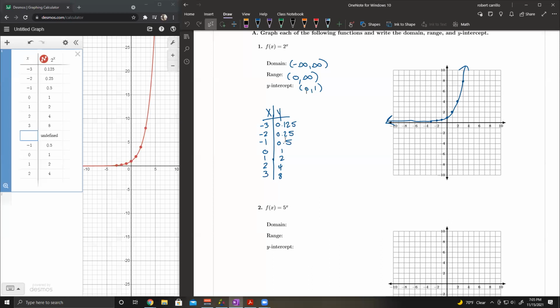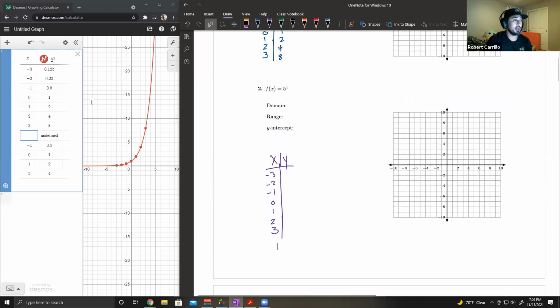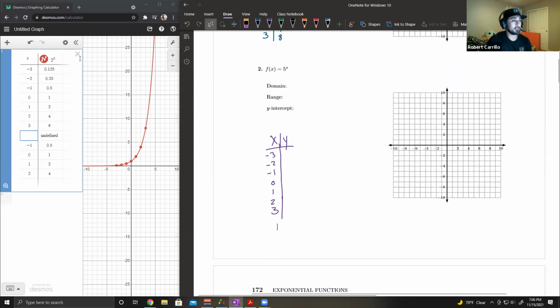All right. So 5 to the x, we're going to do the exact same thing. We again make our XY chart, and we'll pick the same numbers: -3, -2, -1, 0, 1, 2, 3. Let me change my function.